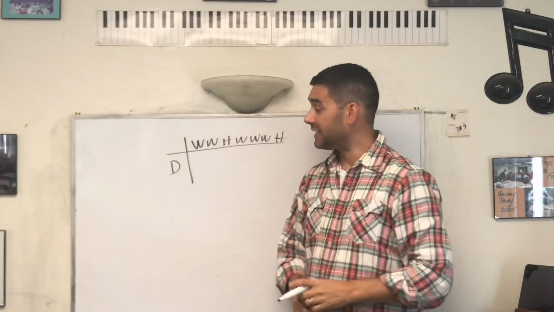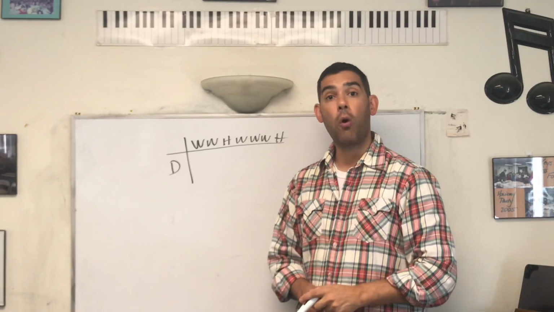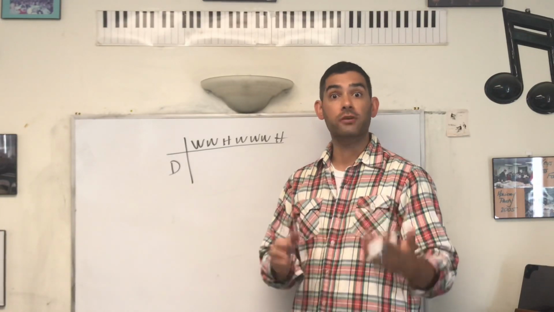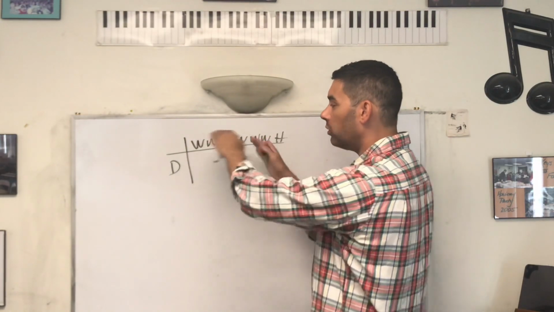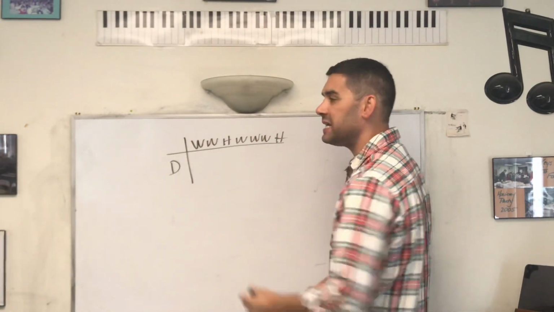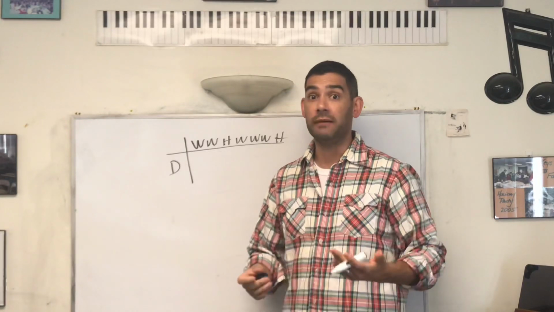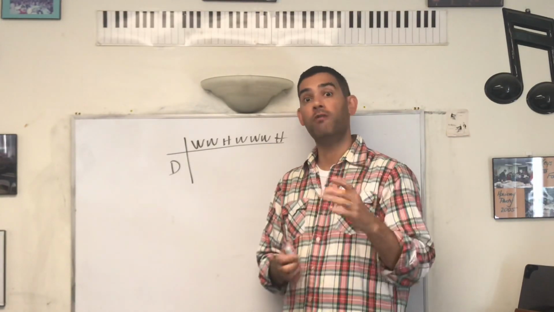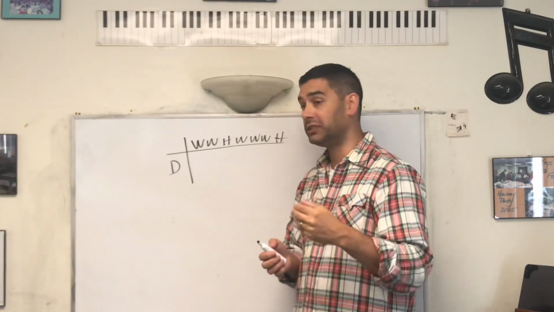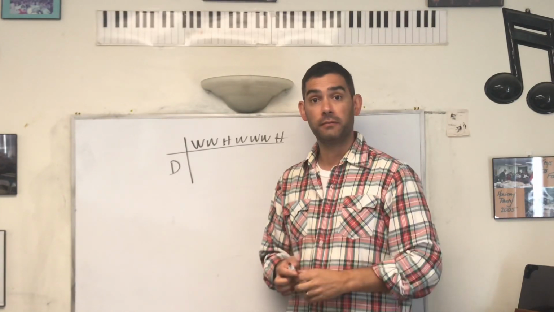Whenever I'm setting up my scale, I need to use all of the available letters. So before I even figure out what whole steps and half steps are from D, now a whole step is two half steps. So what's a half step? The key directly next to it with no key in between, and we went over what a half step is. Well, a whole step is two of those, okay?